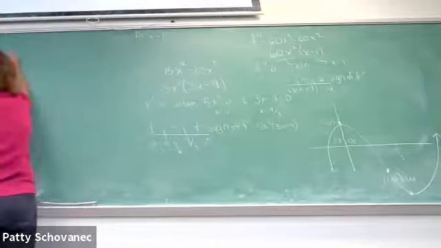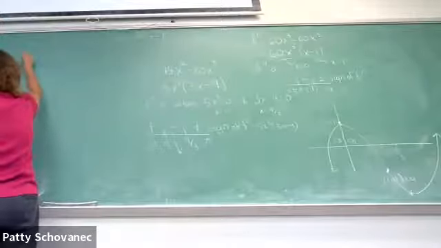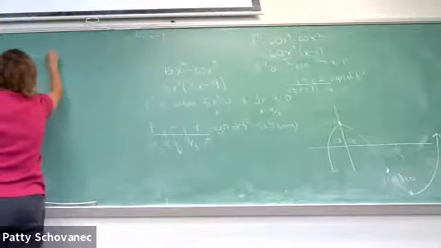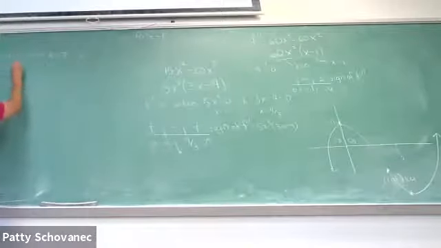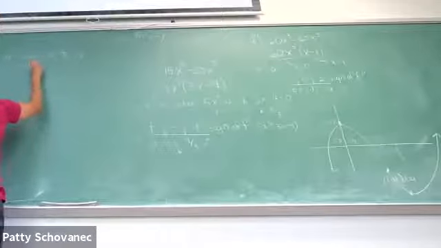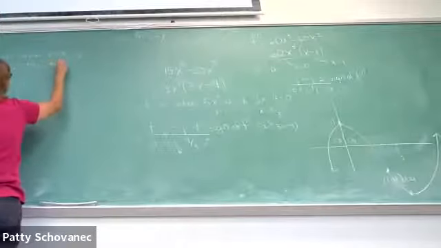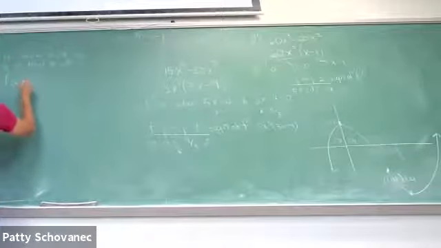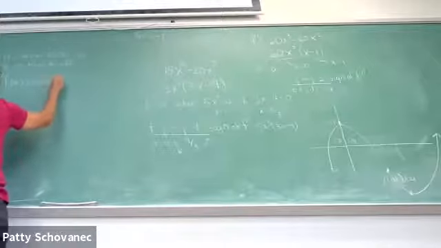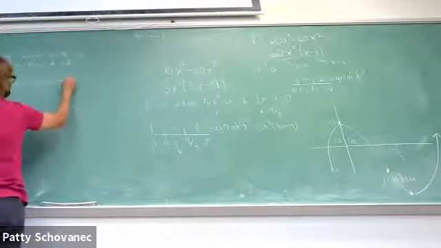So show that x is equal to pi is a critical number of the function f of x is equal to the cosine of x minus the secant of x.